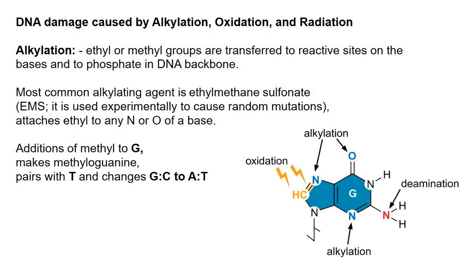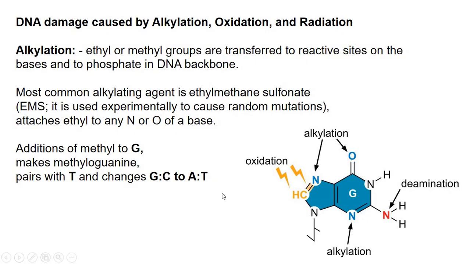Addition of a methyl group to G makes it methylguanine, and it pairs with T and changes a GC to AT. I will put a little bit more here. This is the deamination: if this amine group is removed, this will lead to deamination of guanine.